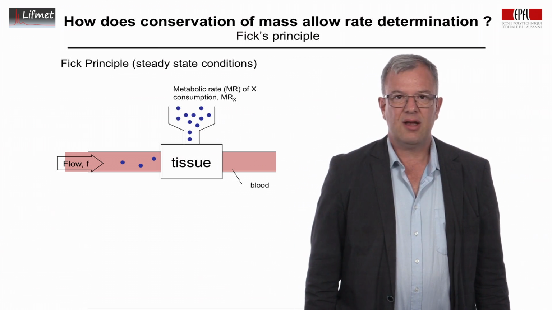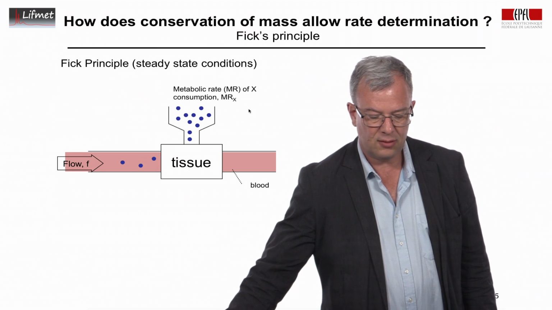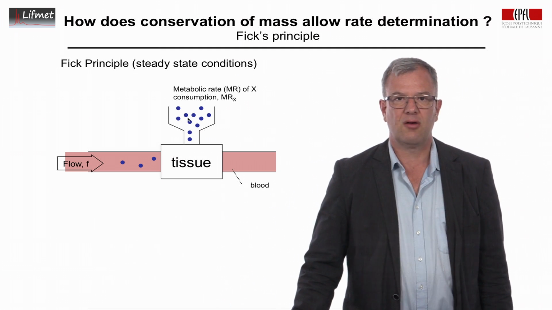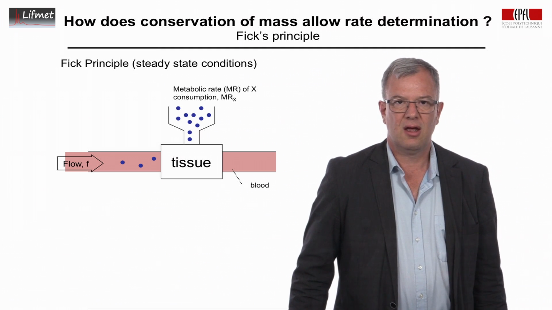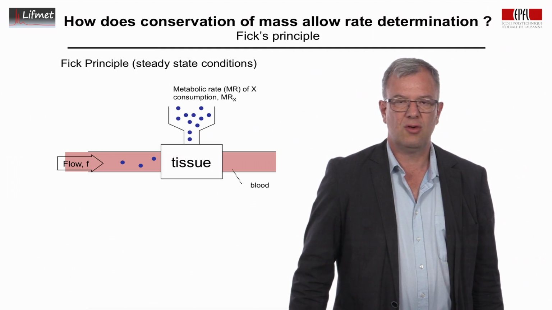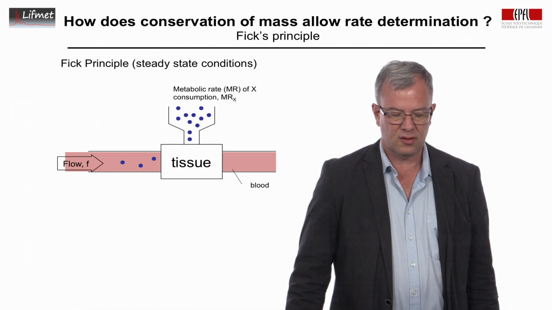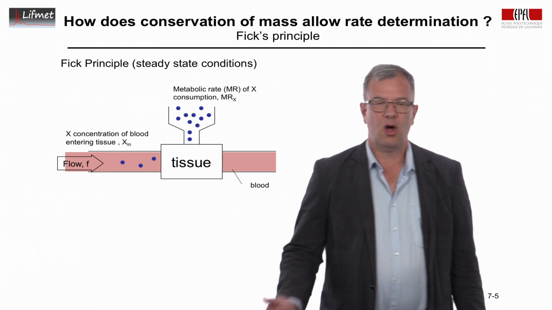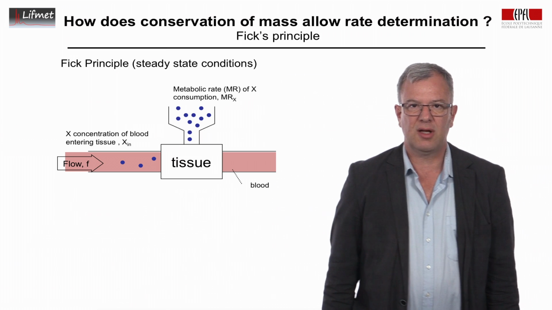So now we'll define the consumption of this particular compound, which I'll call X. We call that the metabolic rate of X, or MRX. That's the metabolic rate in the tissue, the rate at which this compound is being consumed. Now we'll have a certain concentration of this compound on the supply side, on the arterial side, that is in the blood entering the tissue.